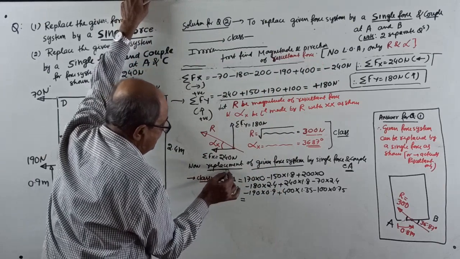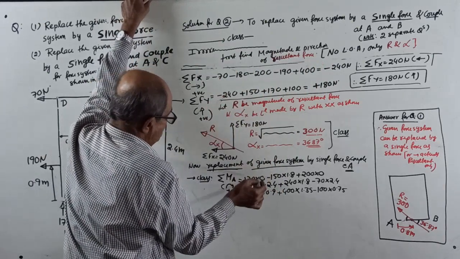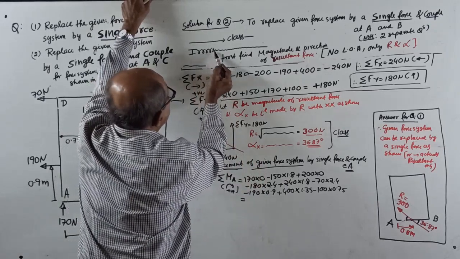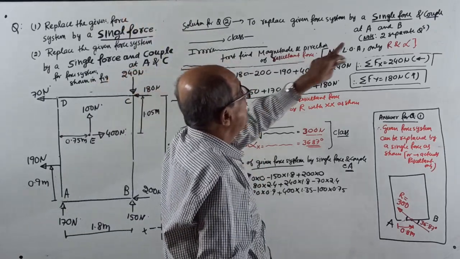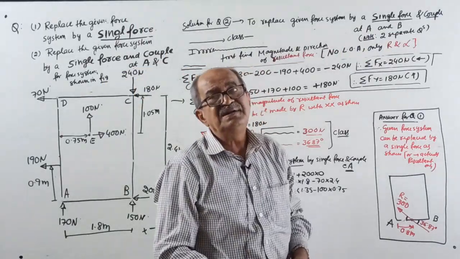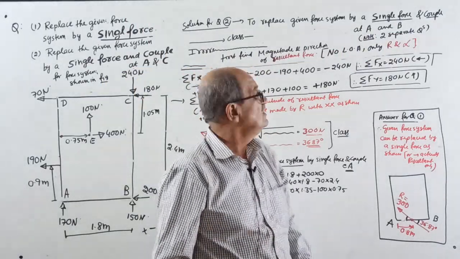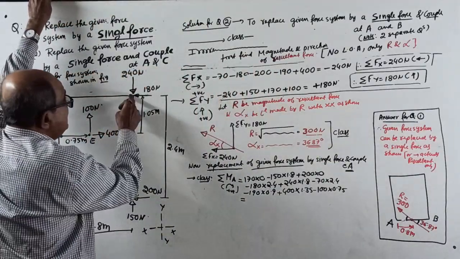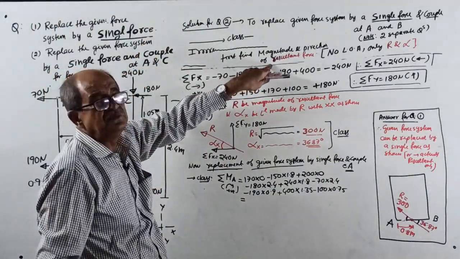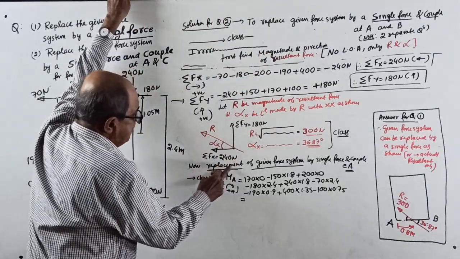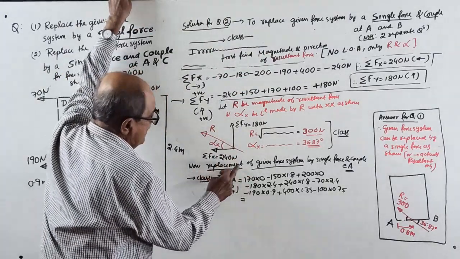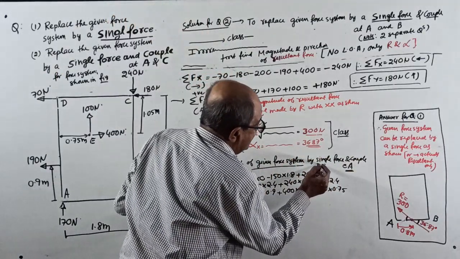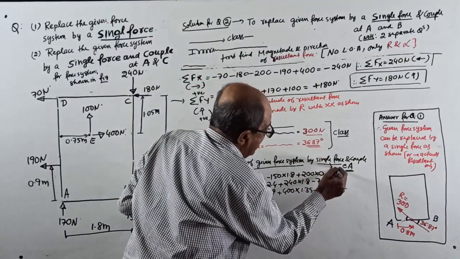Irrespective of whether you replace at A or C, the resultant R and alpha will be the same. Therefore, you don't have to repeat this. Whether you want to replace at A or C, the resultant force remains the same. So now, replacement of the given force system by a single force and couple at A, right here, the single force is already over.